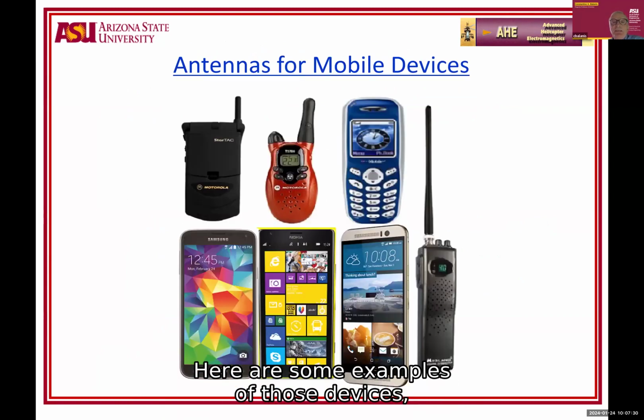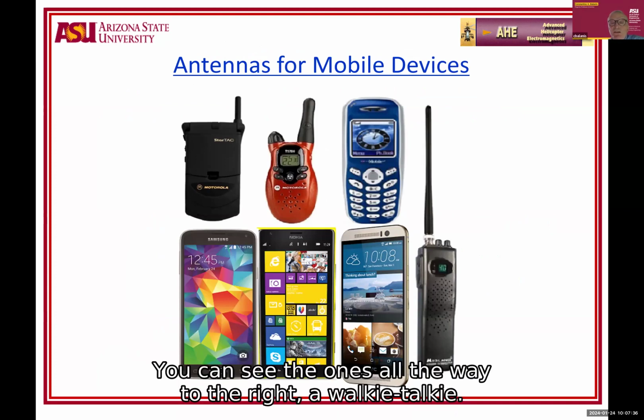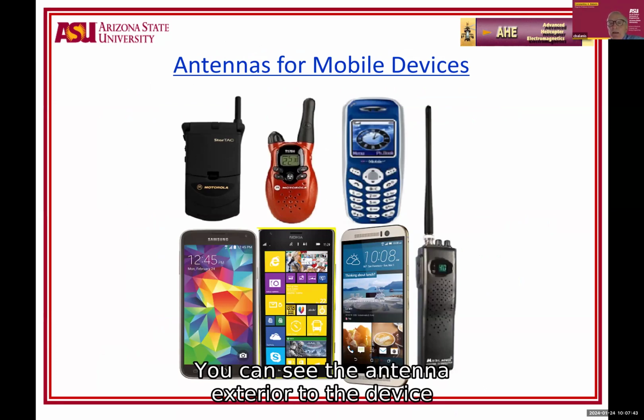Here are some examples of those devices, some older generation, and of course today's generation. You see the one all the way to the right, the walkie-talkie. You can see the antenna, exterior to the device.